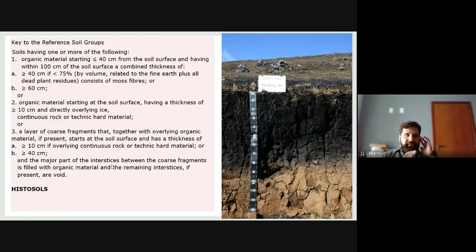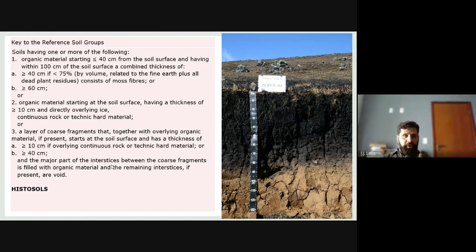So let's start to talk about one of the reference soil groups, the histosols, the first reference soil group that we always need to check. If you are in the field and you need to classify a soil, the first reference soil group that you should keep in mind is histosols.